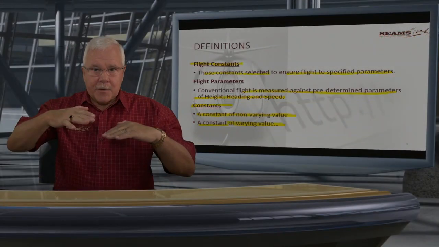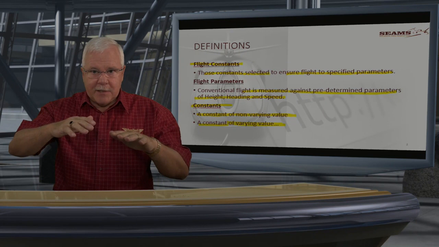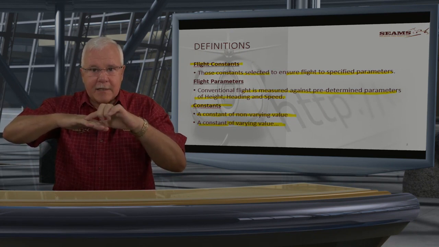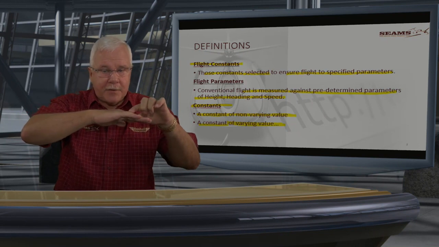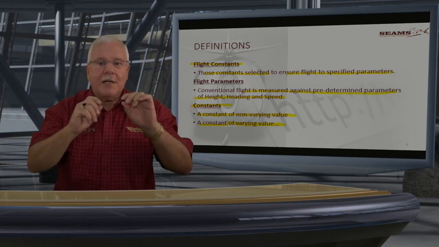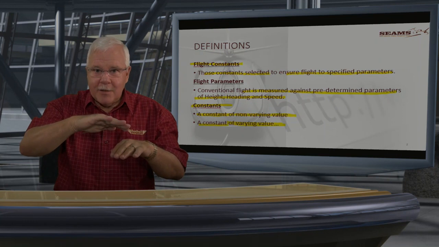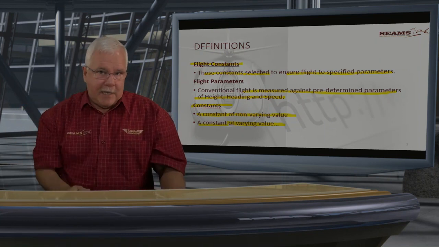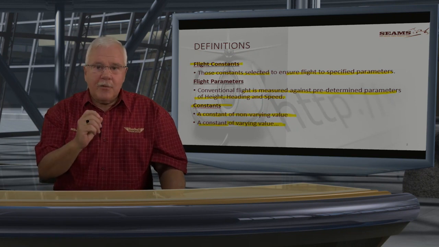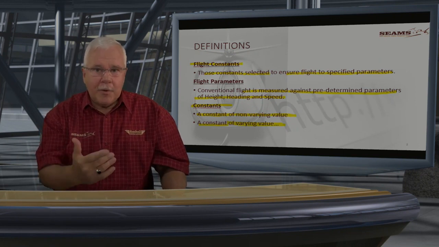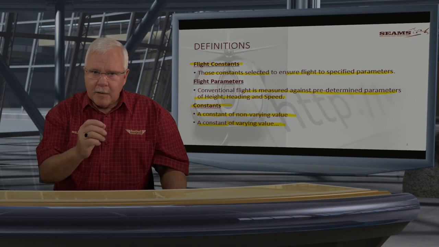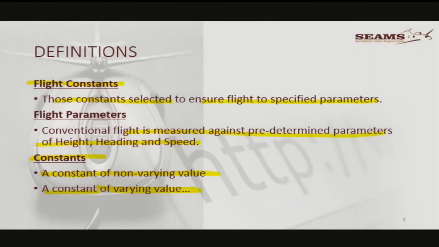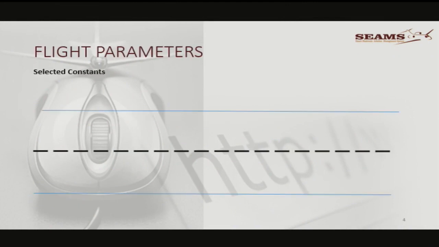In other words, just to take the bank as an example, if we bank at 30 degrees bank, then that is a constant, and the rate of change of heading is a constant. We're not putting that in and then less and more. So remember, we need to get a point of departure where we're talking about how we control those parameters that we are looking for in flying.